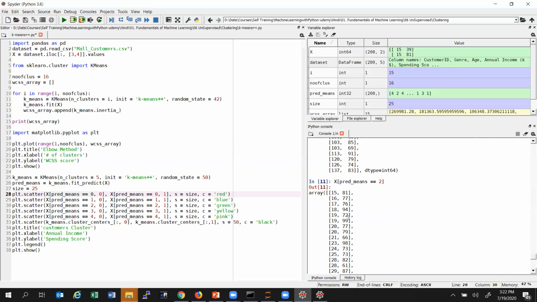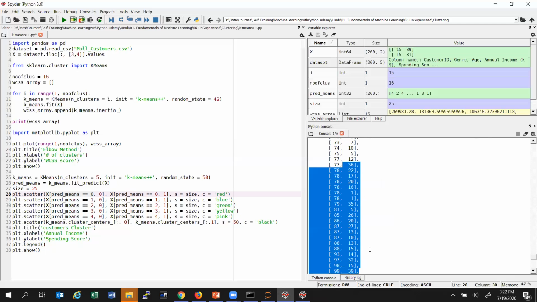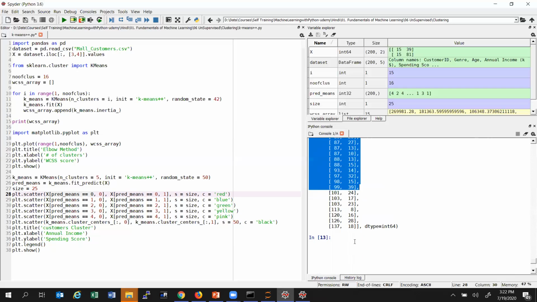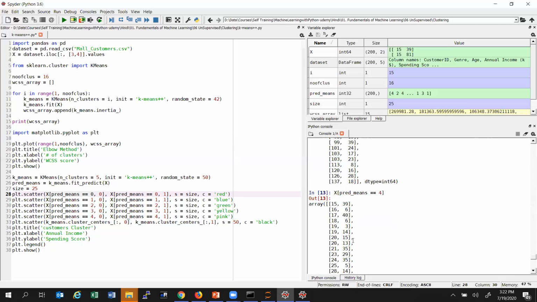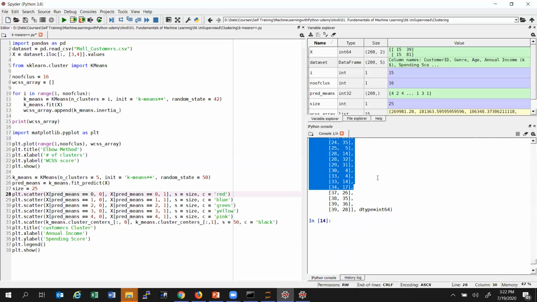Based on some criteria, it may be distributing the people. See, in the third cluster, people's spending score is very less. So 3 and 4 are pretty on the lower side. Okay, any question on this?